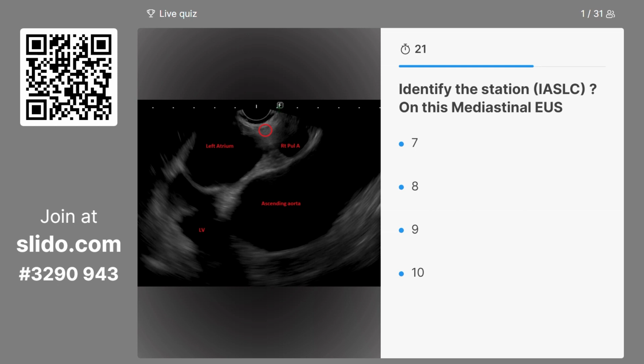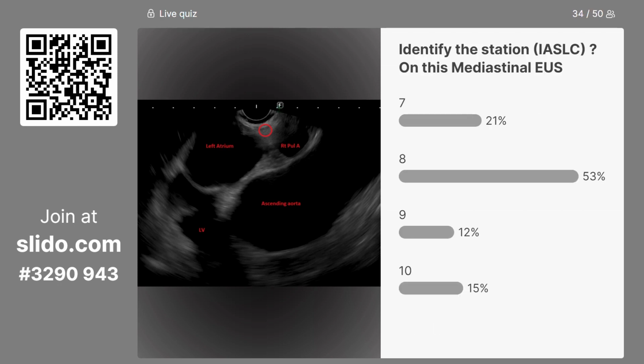It's between left atrium and right pulmonary artery. Okay, it's station 7, subcarinal node.